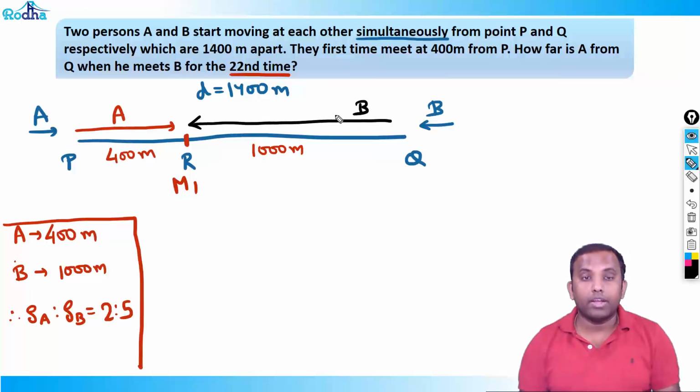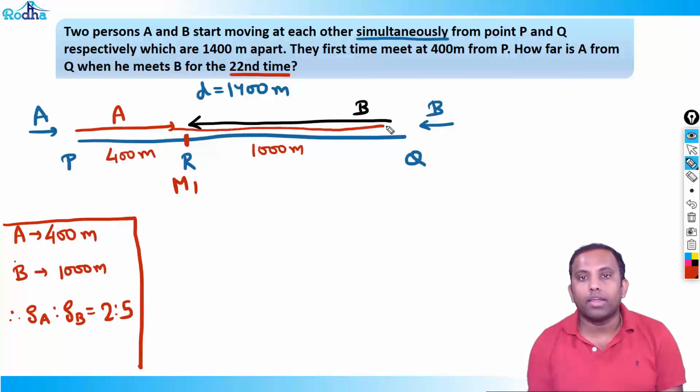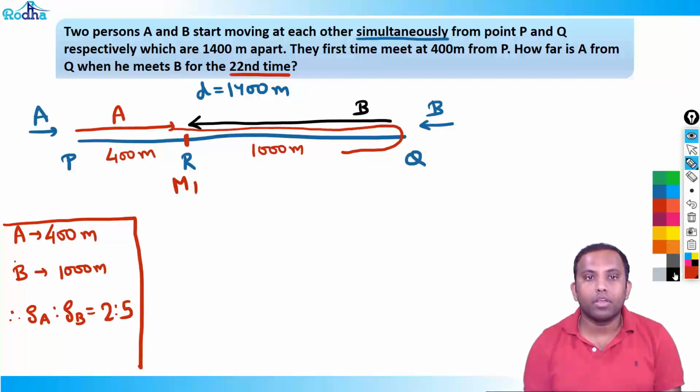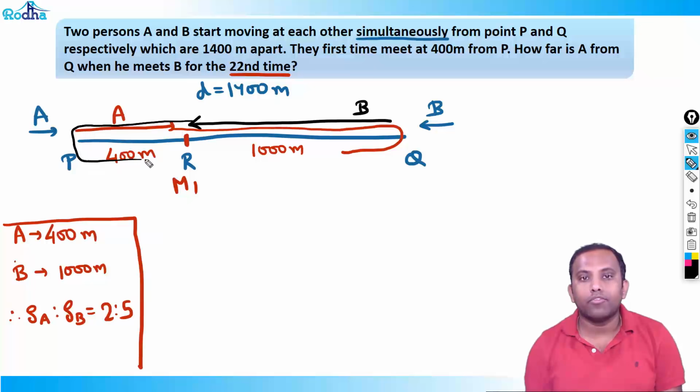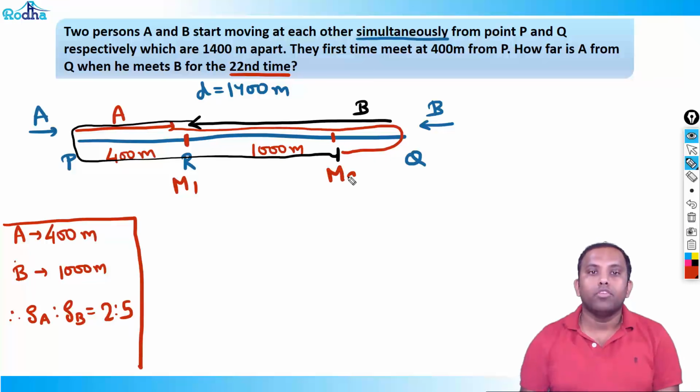When they continue, A will continue in this direction. Suppose A continues here, reaches Q and again comes back. Same for B. B continues here, reaches P and then again comes back, and let's say somewhere they meet at this point. Let's call this second meeting point M2.